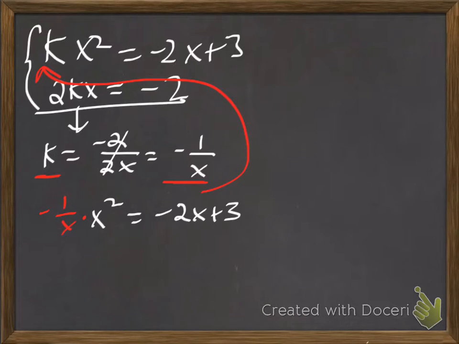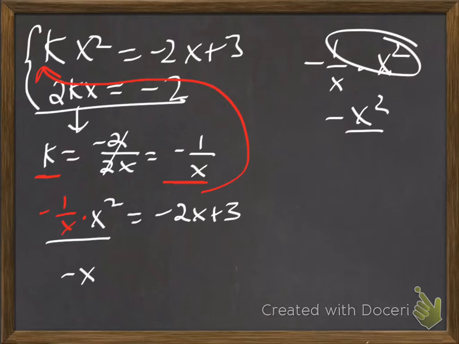This side simplifies to negative x: negative x squared over x is negative x times x over x, and these cancel, leaving negative x.